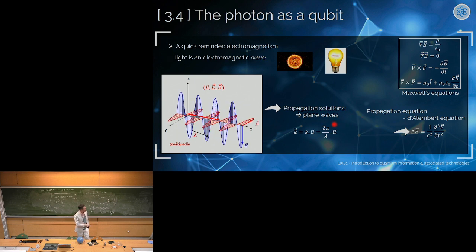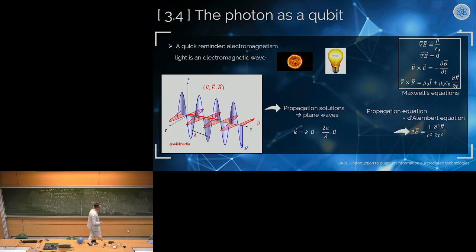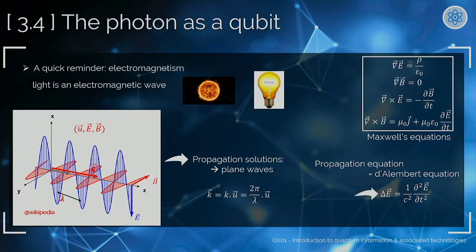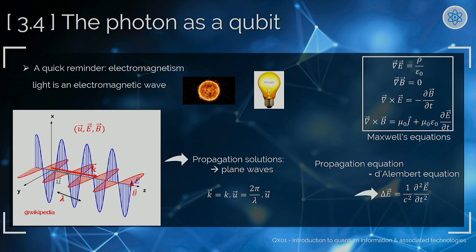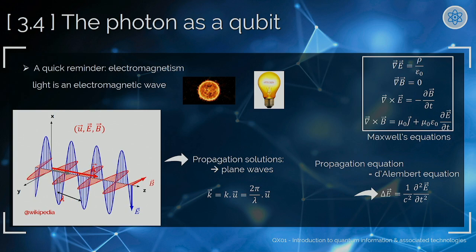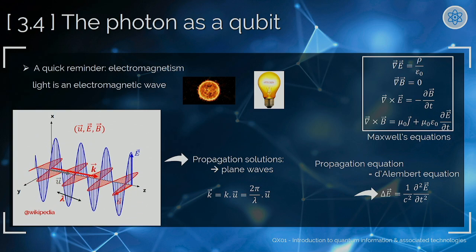These plane waves are the easiest solution of this equation, the so-called propagation equation of light, also called the D'Alembert equation. The D'Alembert equation is a more general equation that we find in wave physics and in wave systems in general.